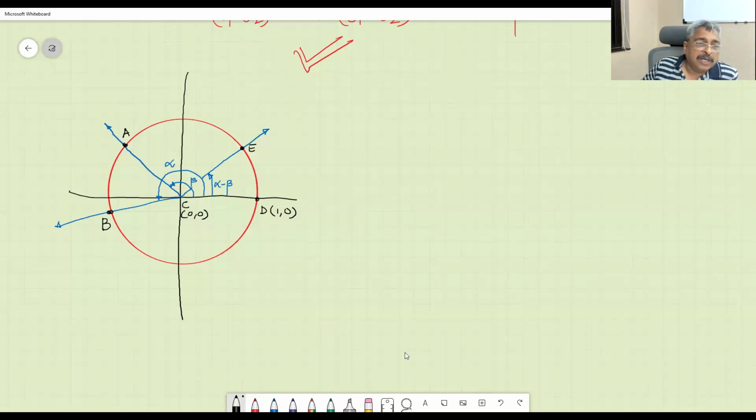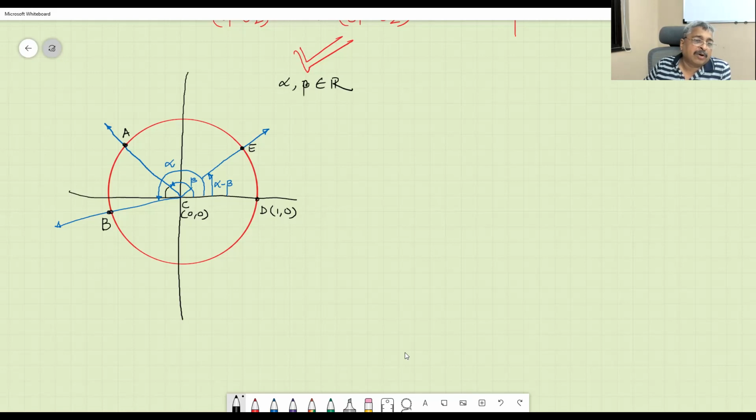Consider a unit circle, and I am considering three rays, CA, CB and CE. CB is making angle alpha with the positive x-axis. Now alpha, comma beta, belong to R, so whatever rotation history is there, it is available. Beta is the angle which CA makes with the positive x-axis, and then alpha minus beta, that means this angle, is copied here, and we get point E. Out of A, B, C, D, E, the coordinates of C are 0, 0, the coordinates of D are 1, 0.